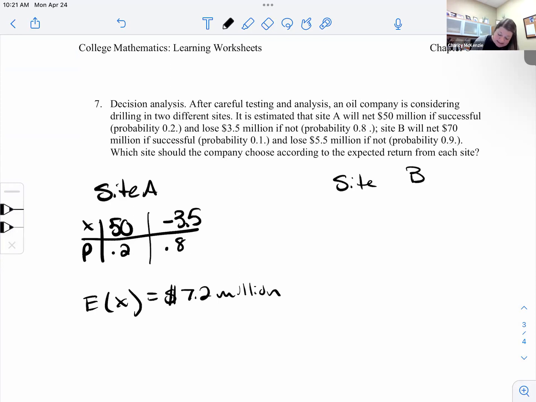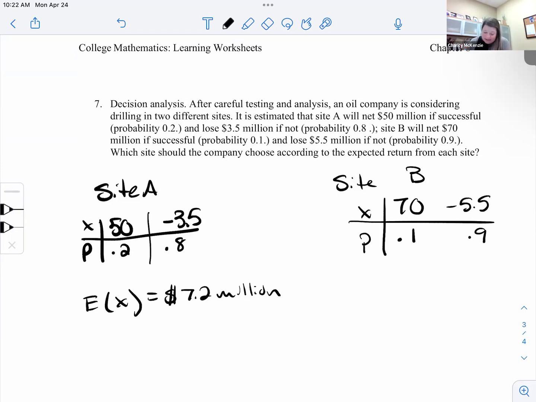So let's look at site B, same idea. On that one, they said 70 million with a 0.1 and negative 5.5 at a 0.9. Okay, so 70 times 0.1, and then we're going to subtract 5.5 times 0.9, and I get an expected value on this one of 2.05 million.